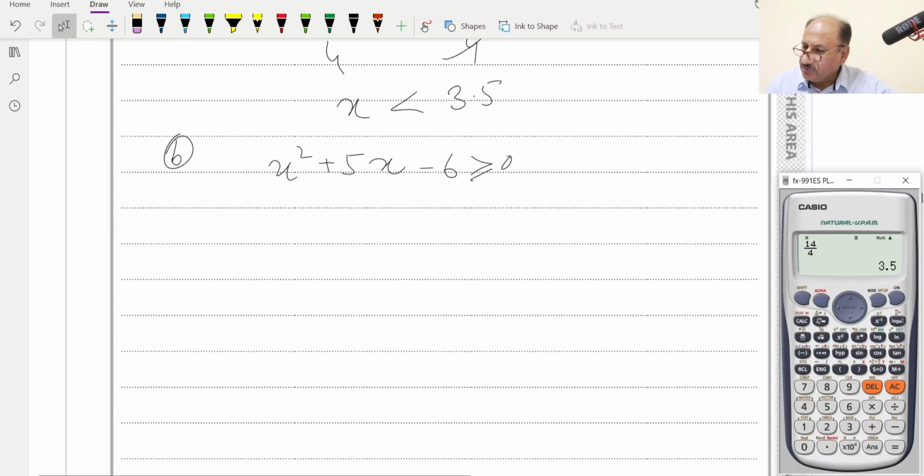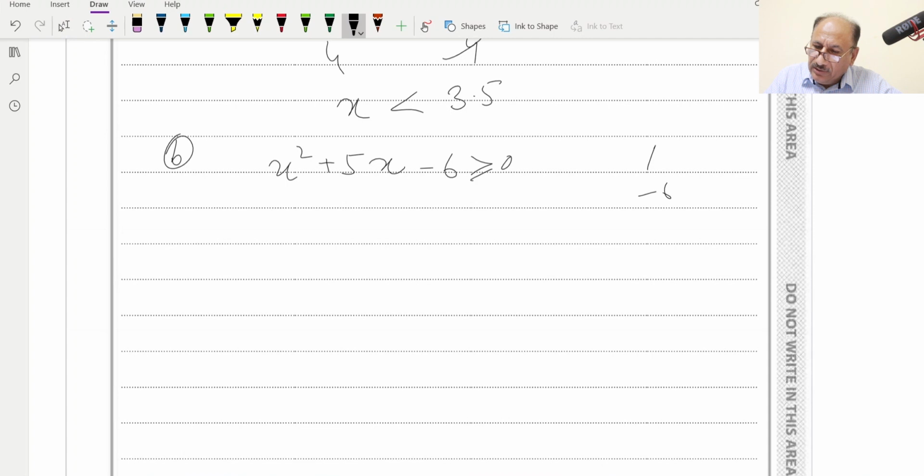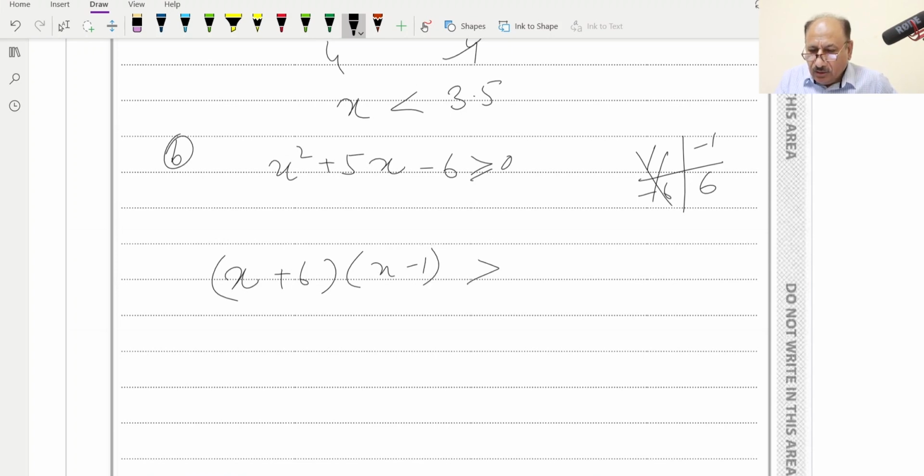And for factorization, we are using the mode 5 3 technique, and this will be coefficient of x square is 1, coefficient of x is 5, and constant is minus 6, and we can use x1 is equal to 1 and minus 6. So 1 and minus 6 will be changing signs, minus 1 and 6 will be using this. So x plus 6 and x minus 1, this will be our equation.